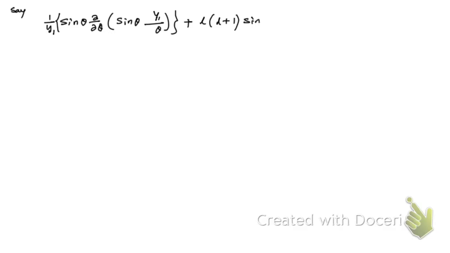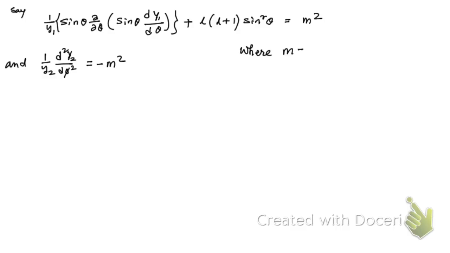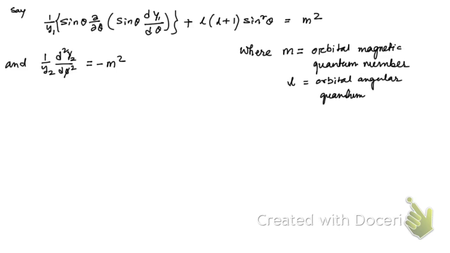So this is what we have considered, m square, and this is minus m square, where m is the orbital magnetic quantum number. We're going to discuss the quantum numbers later, not now, in another video. So now here you see, this can be written this way if we simplify.